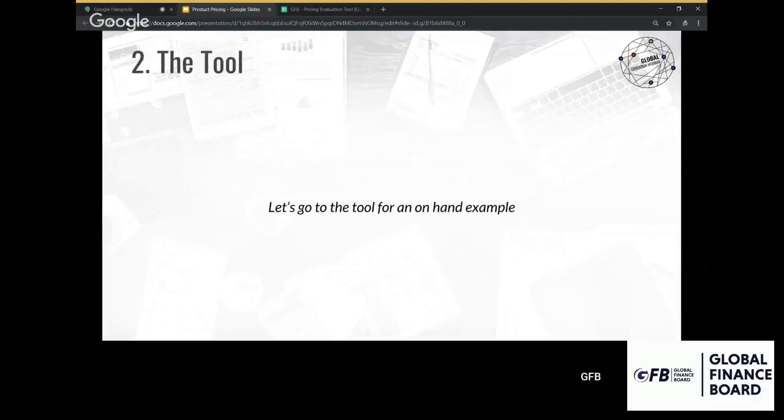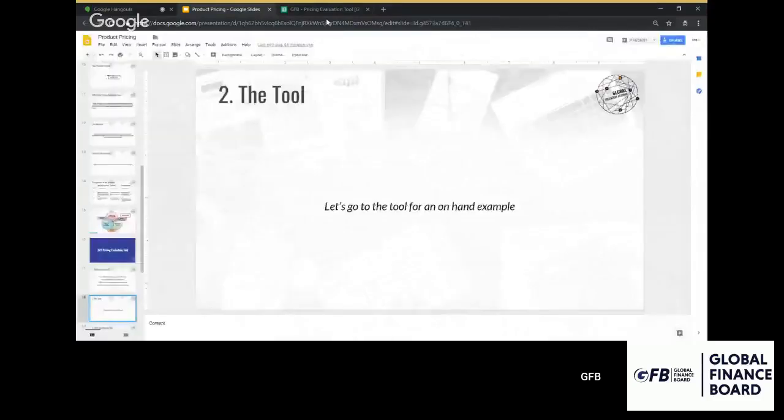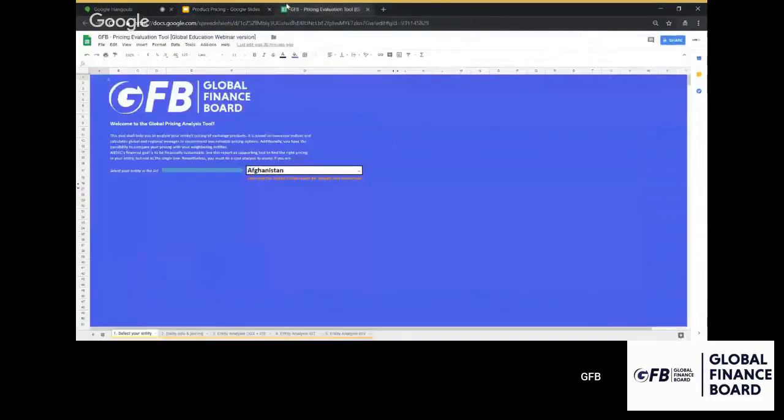Now let's go to the tool for an on-hand example. Okay, so this is the evaluation tool. This is in a spreadsheet version, because the tool is an Excel presentation, for purposes it is uploaded as a spreadsheet version.